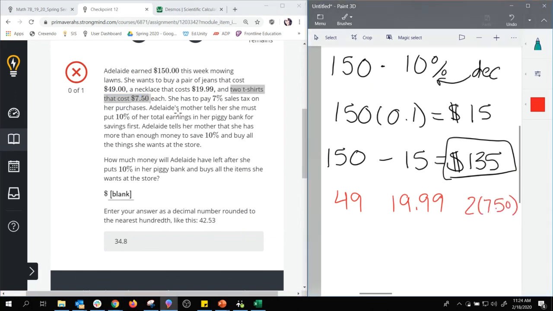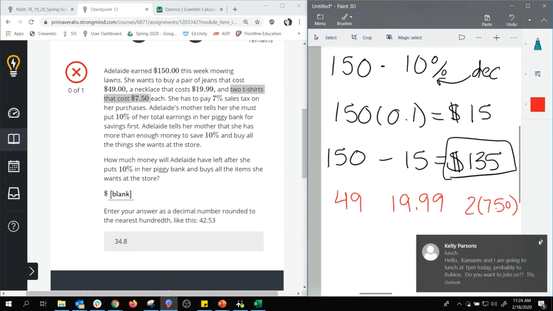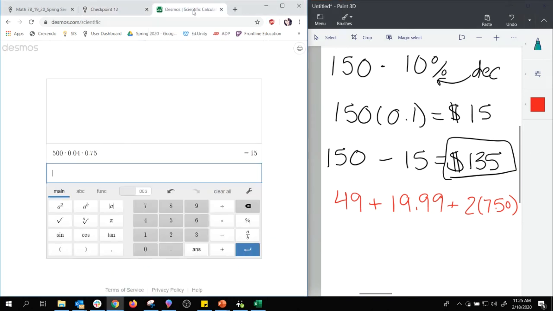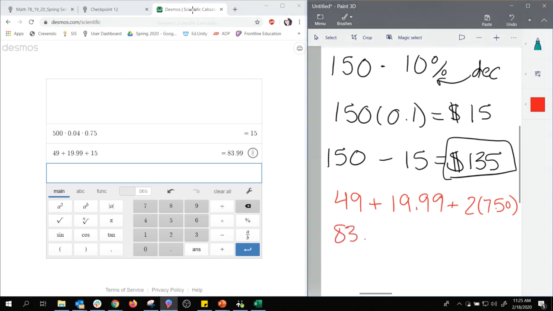So to figure out how much total money she's spending here, what would I want to do with these three numbers? Add them together. Perfect. Let's add up all that she is spending. Natalie says it's $83.99. Let's double check. $83.99 is correct.